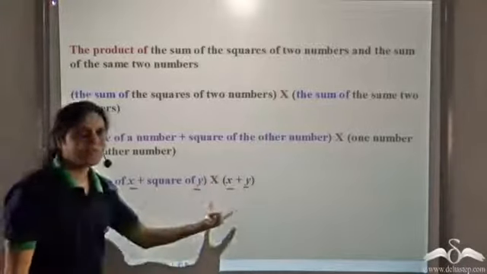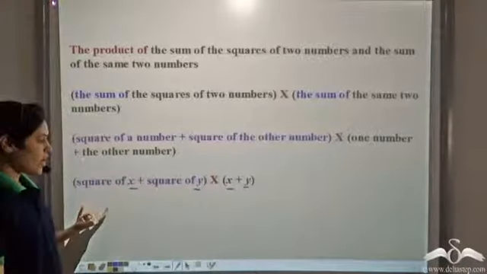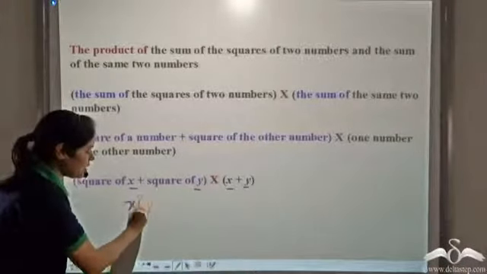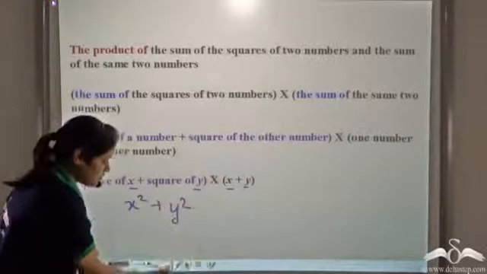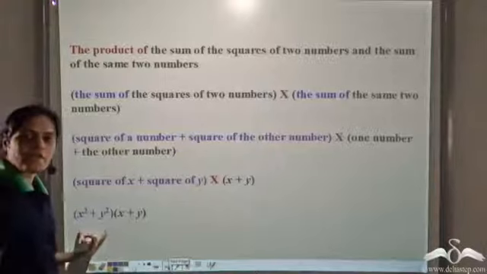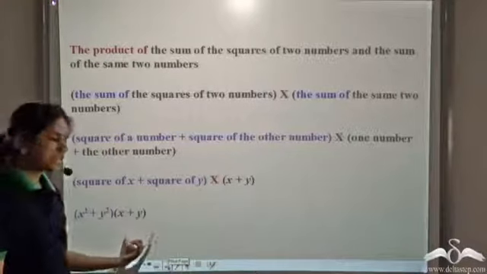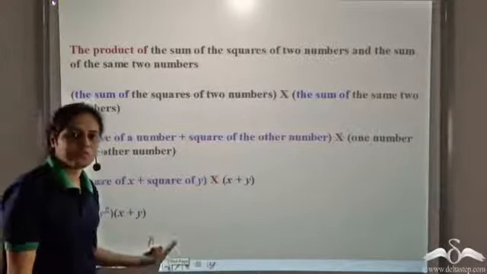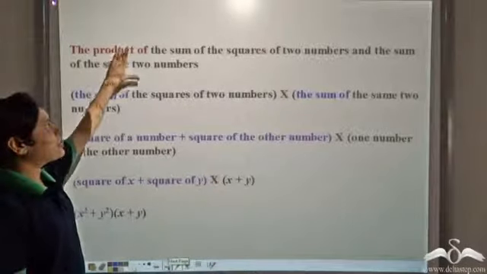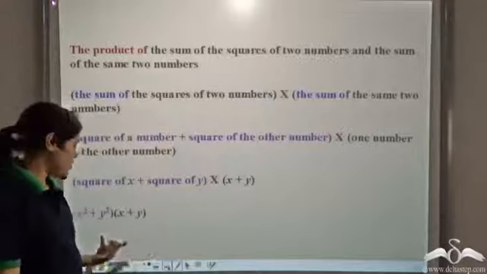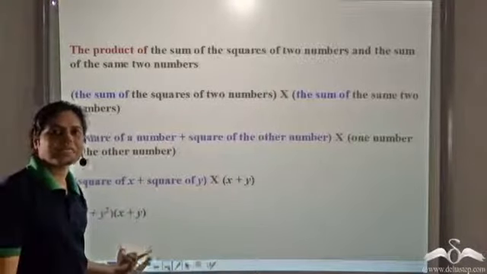So we write it like this. Now square of x is x square, square of y is y square. So this becomes x square plus y square into x plus y. So this is how big word problems are converted into simple algebraic expressions.